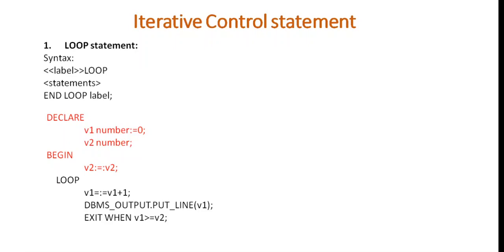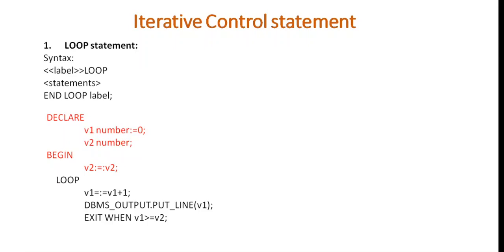The exit statement is used to exit from the loop. If you look at the syntax of loop statement, if you don't use an exit statement, or if you don't specify any exit condition, then your loop will go into an infinite condition.